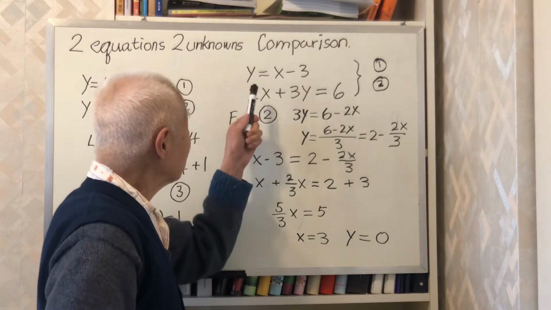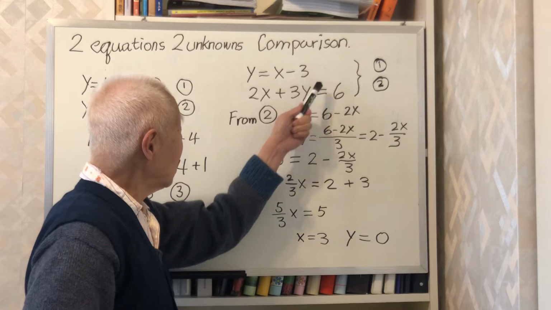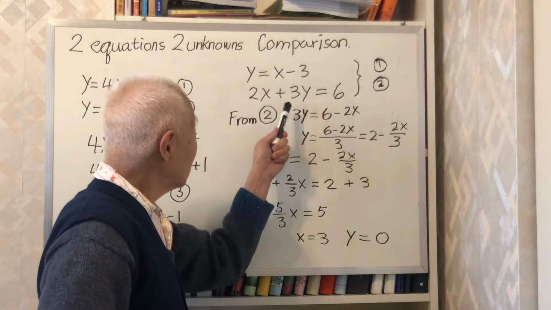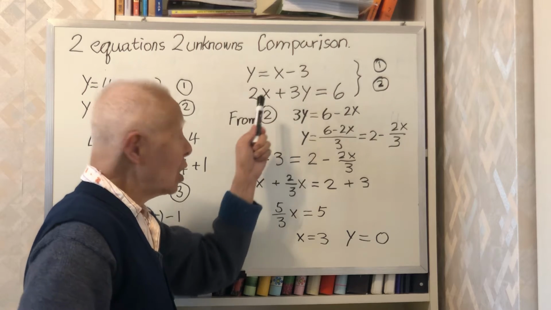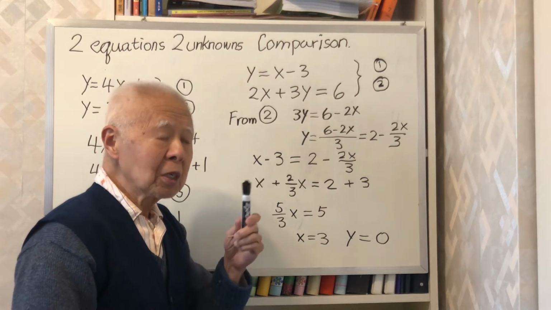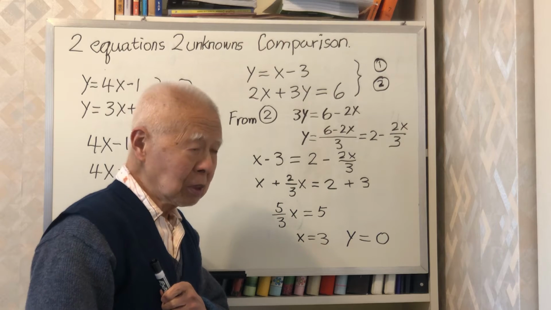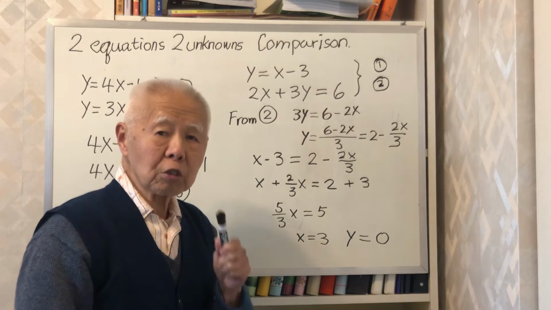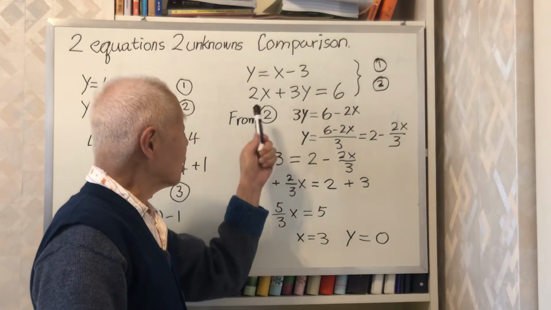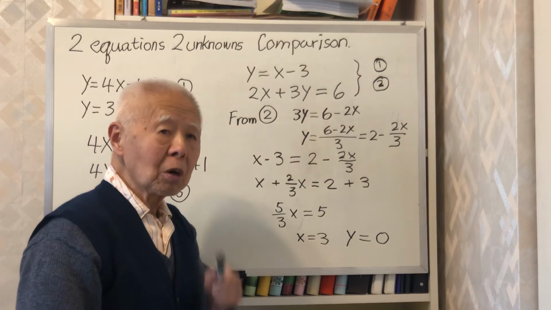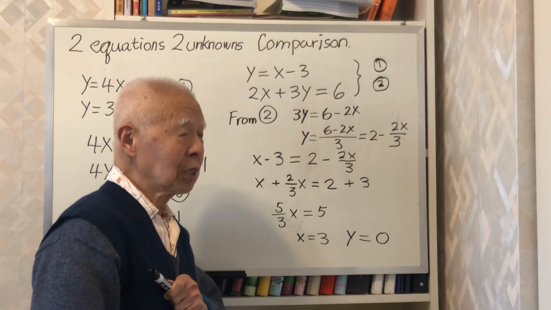The first equation is y equals something, but the second equation is 2x plus 3y. It's not in the simple form y equals something. So, in order to use the comparison method, I need to change the second equation into y equals something.